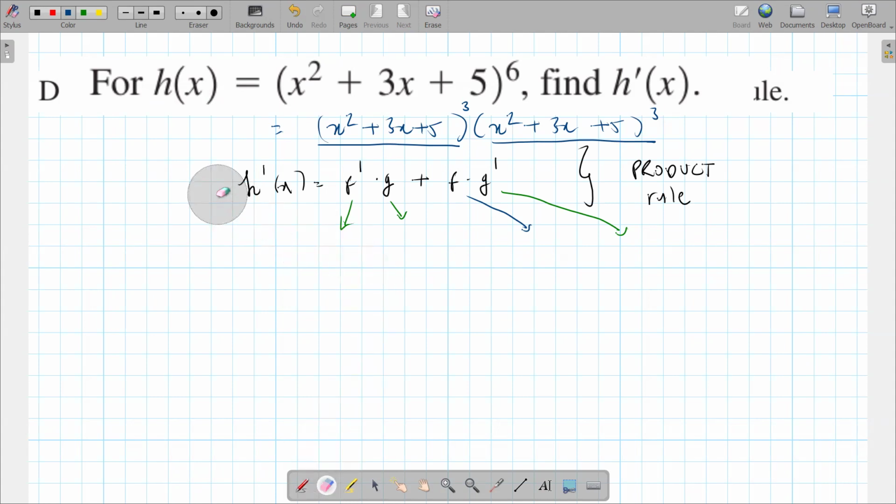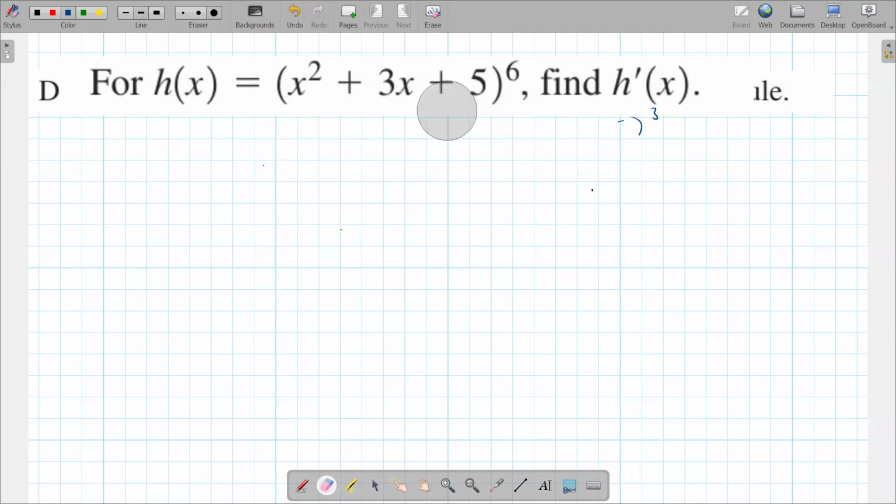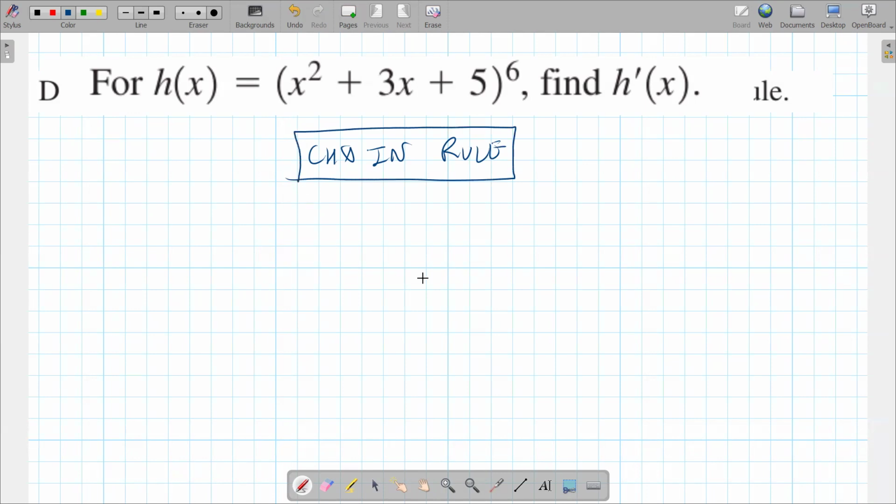So actually, for this question, we're not going to use the product rule, we're going to use the chain rule, which is when the inner function is not an x, anything but an x, which says this.